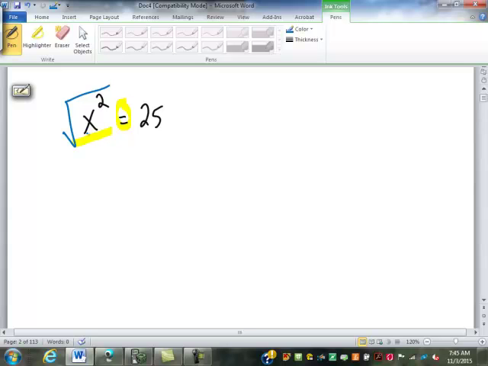The square root undoes being squared. Now again, we have to do the same to both sides. So x equals, what's the square root of 25? 5 or negative 5. There are actually two answers to this equation. Either one of those would make this equation true. Because negative 5 squared is also 25.